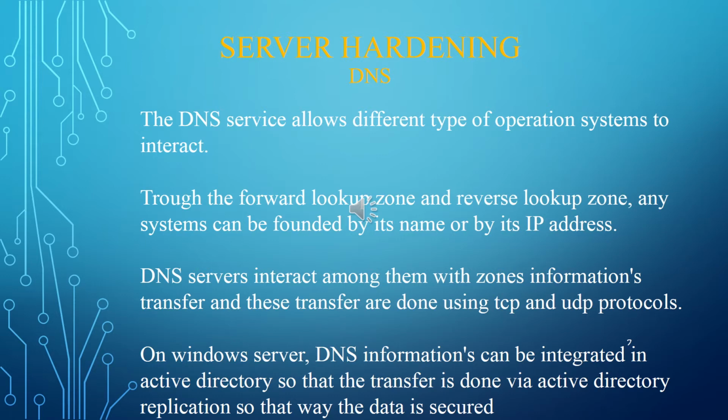DNS servers interact among themselves with zone information transfer, and these transfers are done using TCP and UDP protocols. On Windows servers, DNS information can be integrated in Active Directory so that the transfer is done via Active Directory replication. That way the data is secured.